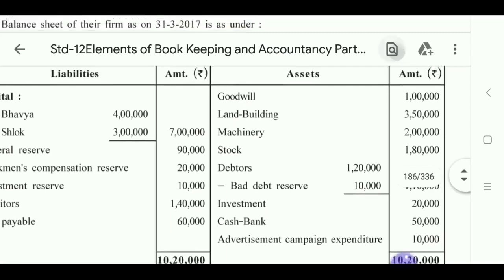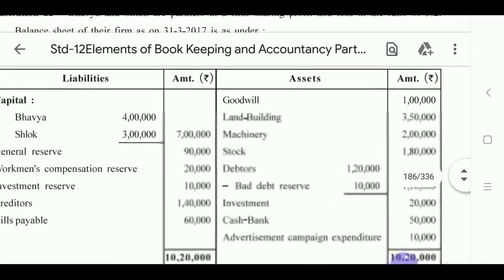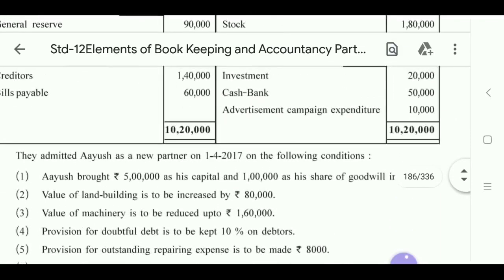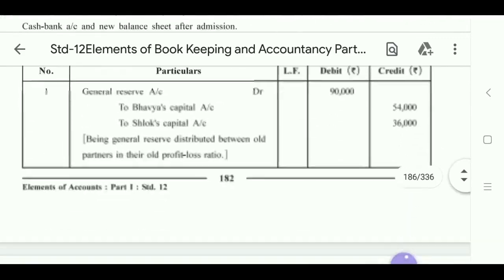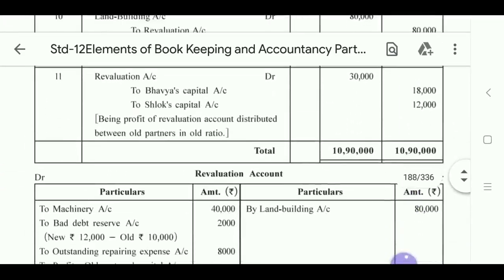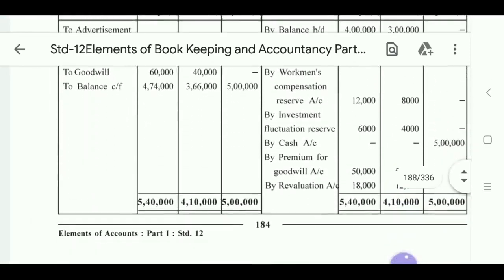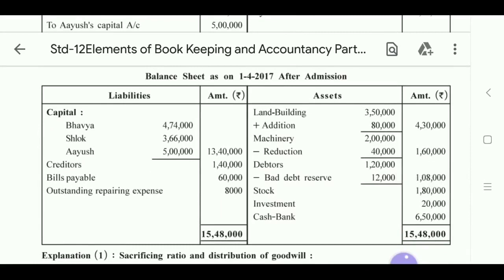See, this is the old value, 3,50,000, and it has increased by 80,000. And we have written a new value here. While writing the journal entry, I taught this. And I have also mentioned that while preparing a new balance sheet, you are supposed to write the new value of an asset.